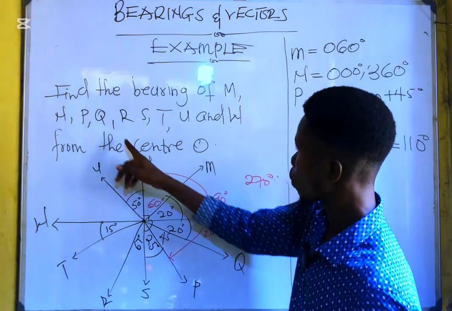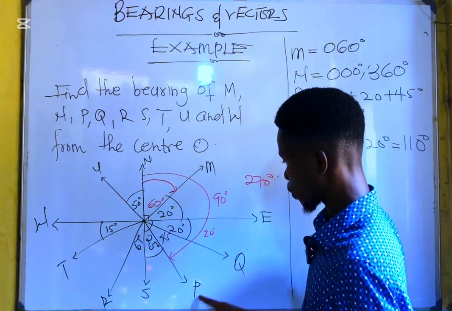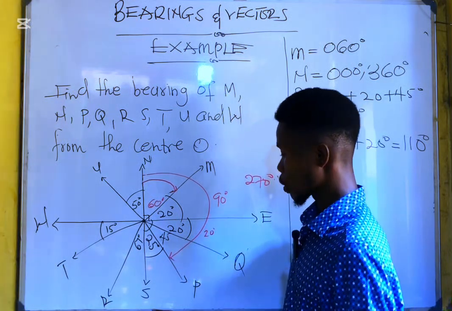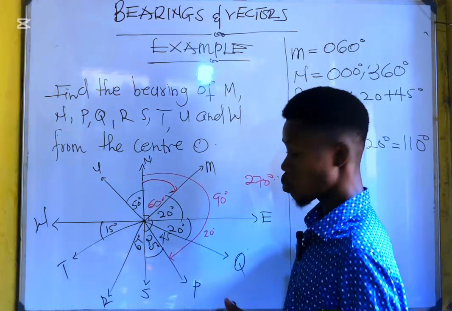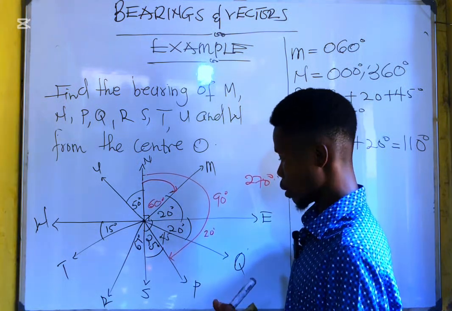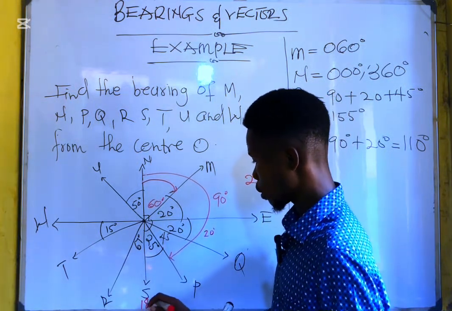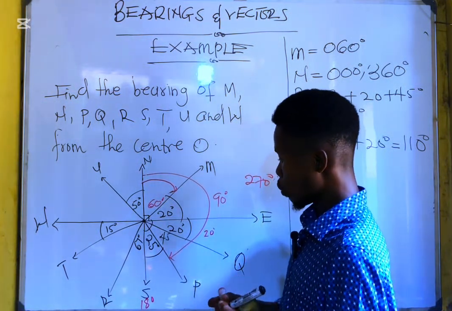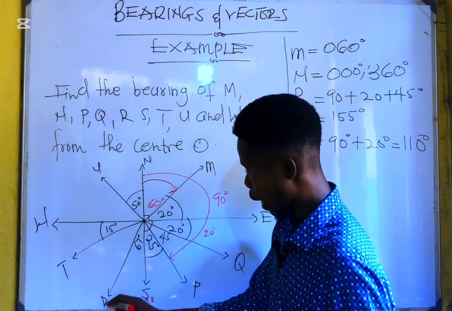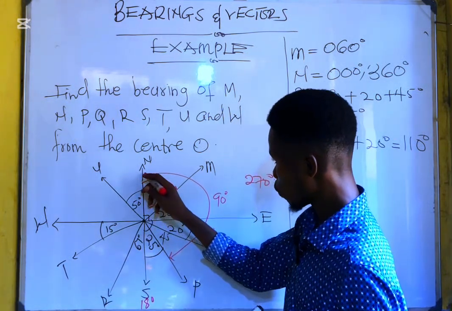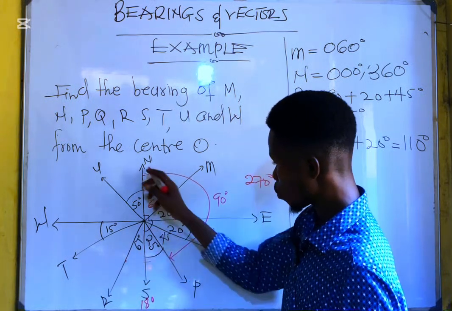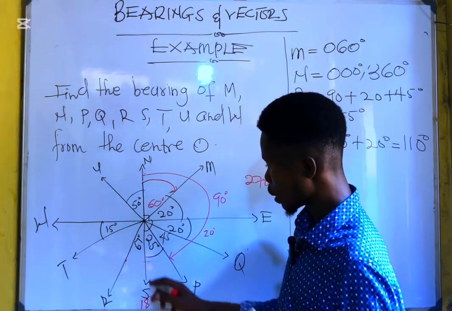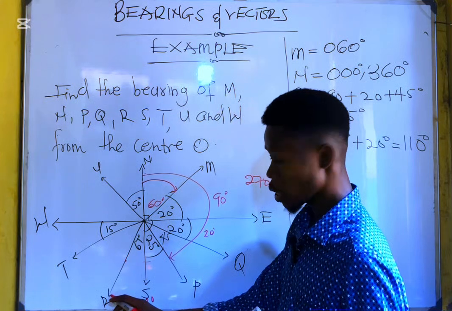Then from Q we move to R. This is our R. So for the R, know that from north to south is 180 degrees. This side is 180. And we are interested in this line, the line here. So we are moving from this place up to this place. So if from north to south is 180, we just add 65 to the 180 and we get this place.